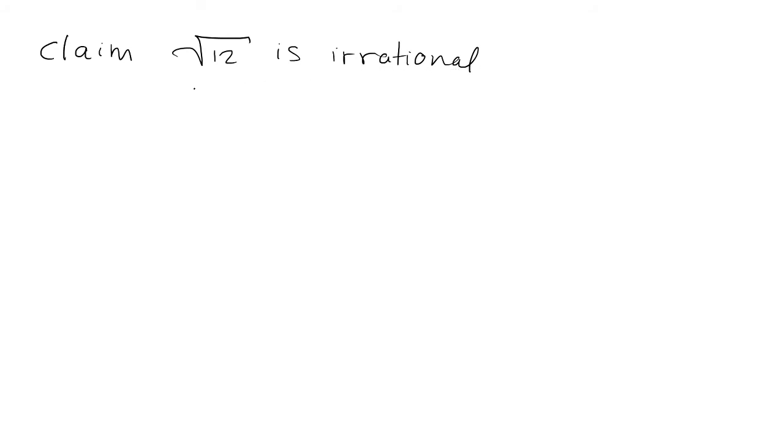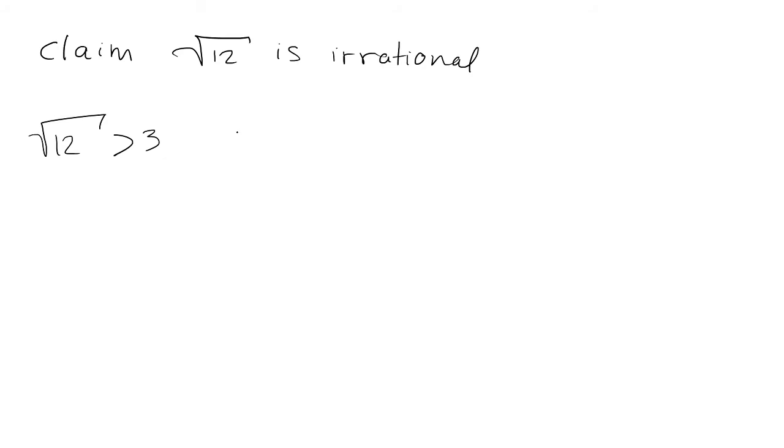So we say that the square root of 12 is irrational. Let me show with calculations why it cannot be the case. So let me start by saying that the square root of 12 must be greater than 3.